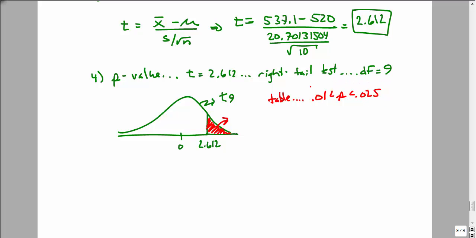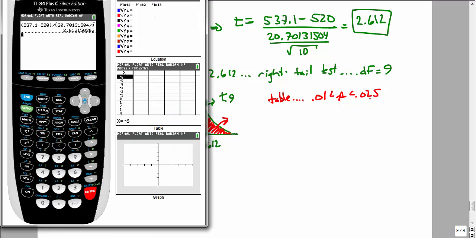That's not ideal. We want a little more accurate value than that. It will answer the question in this case, but if we can get more accurate, we should. Now if you programmed in the inverse t distribution, you'd look under program, or if you have it in your calculator already, you'd go under second DISTR.